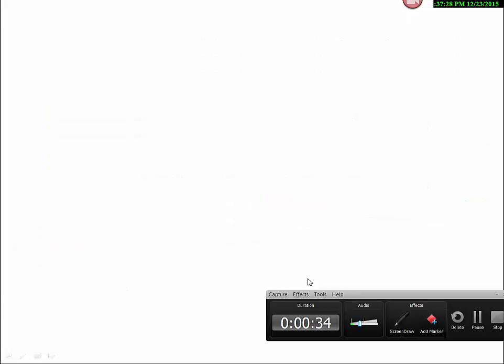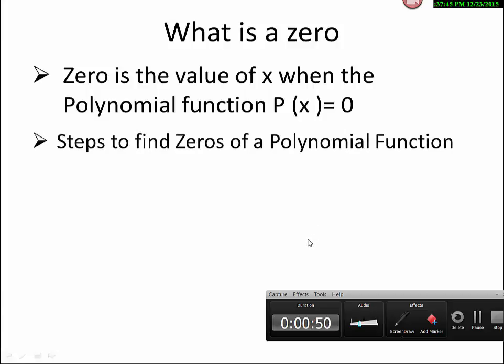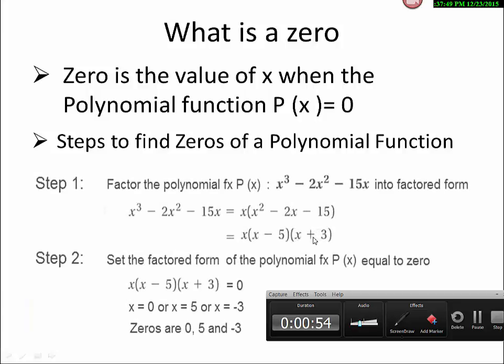Now that we understand what a linear factor is, the next concept we're going to learn is zero. So what exactly is a zero? The definition of zero is the value of x when the polynomial function p of x equals 0. So here are the steps to find the zeros of a polynomial function.